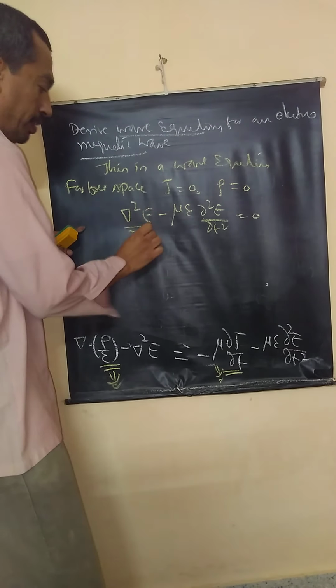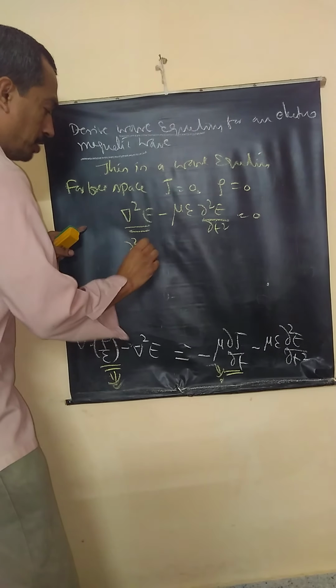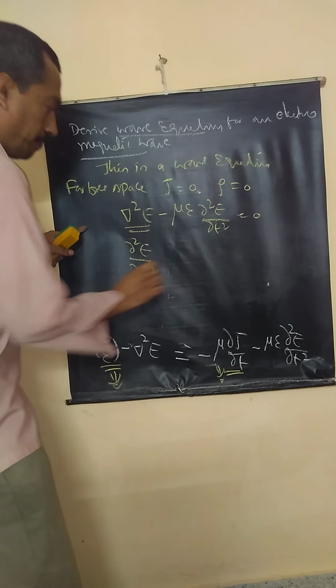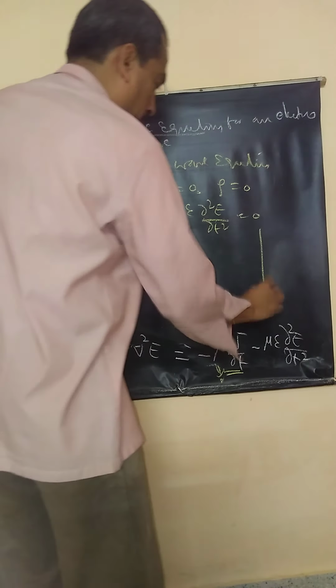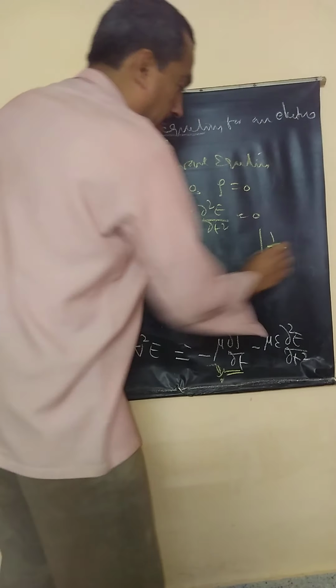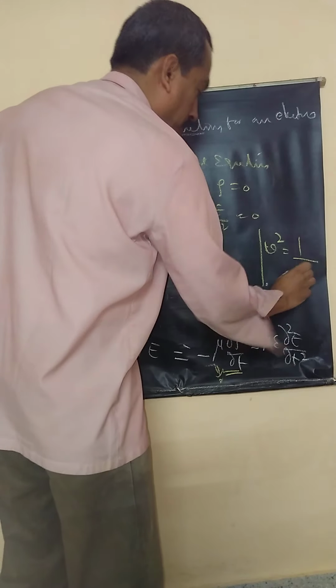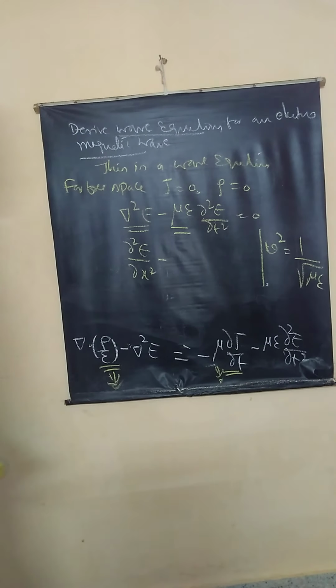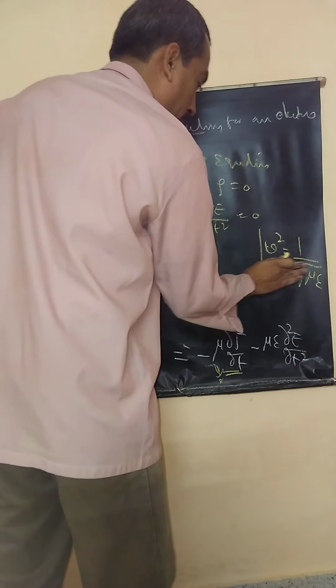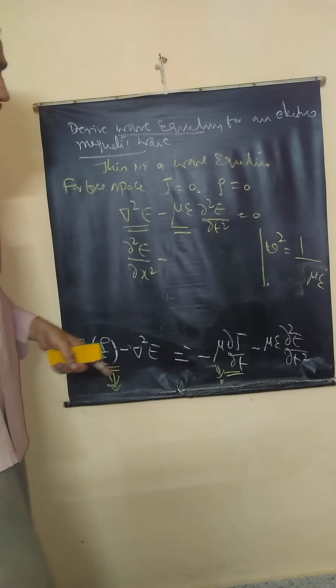What is del squared E? For example, in one dimension, this is equal to ∂²E/∂x². Let us assume this mu epsilon, you know what dimensions it has: 1 by V squared is equal to mu epsilon, so V squared is equal to 1 by mu epsilon.